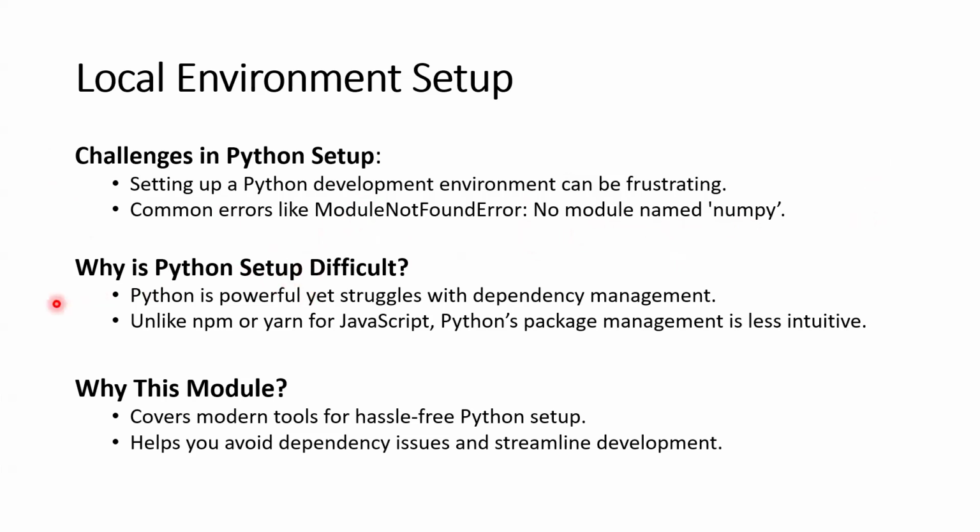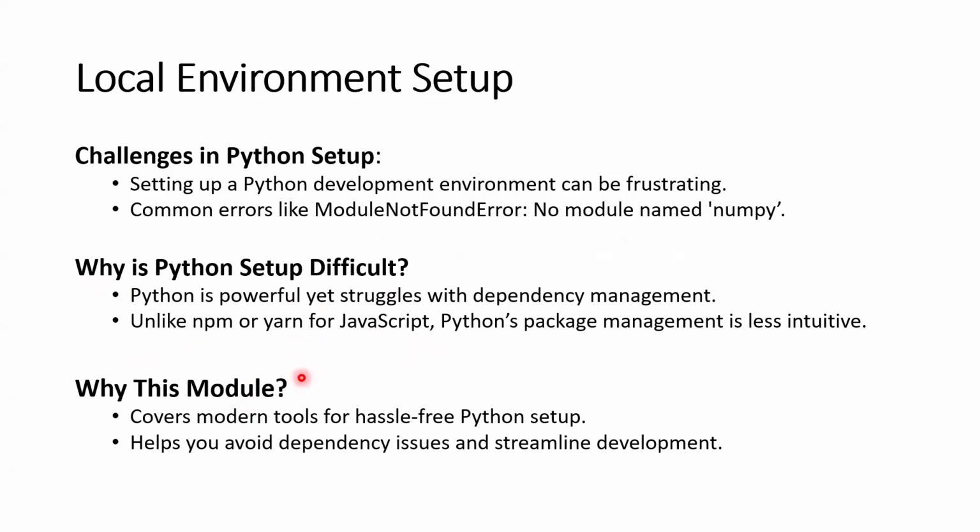so that I can build projects on top of it. Okay. And why is this Python setup difficult? Because it's a bit different from the way we use NPM or Yarn for JavaScript, right? The way we manage dependencies in Python is a bit different from the conventional NPM or Yarn which we use for JavaScript.